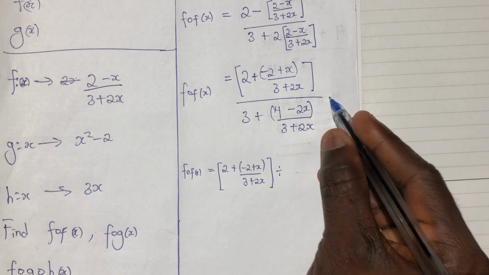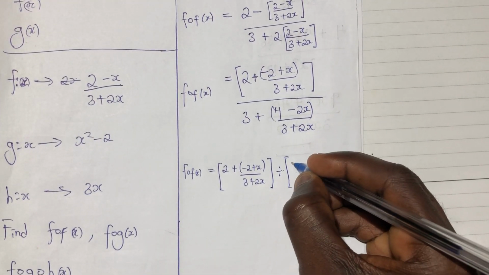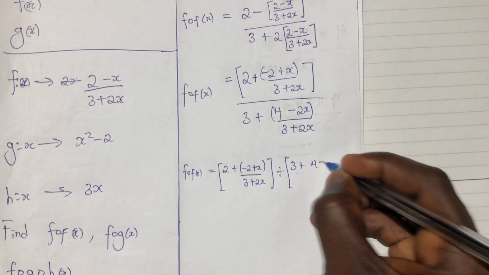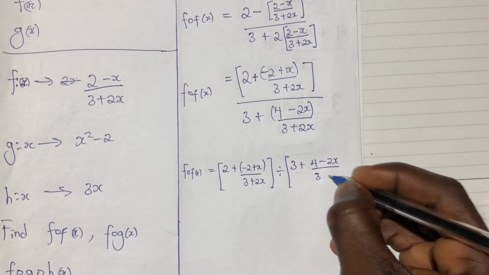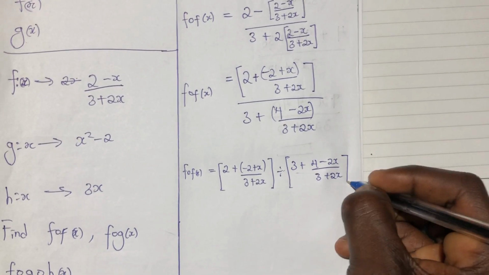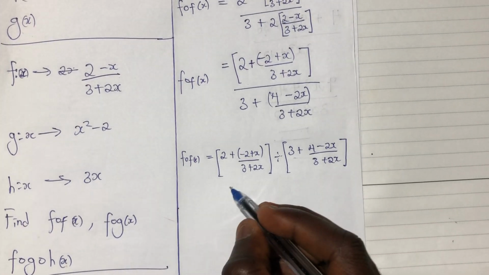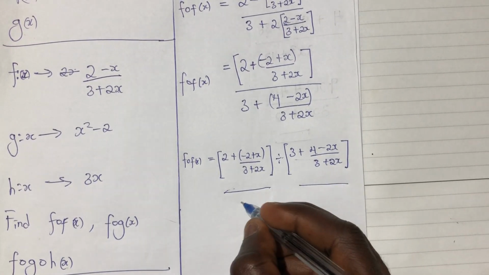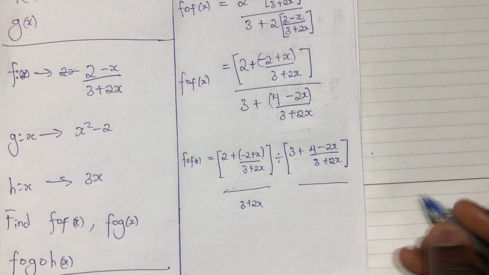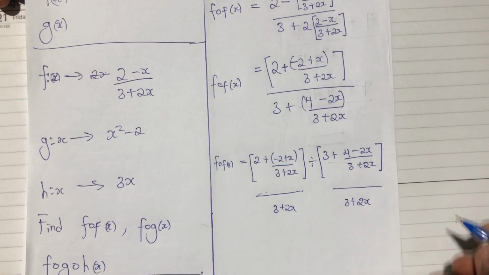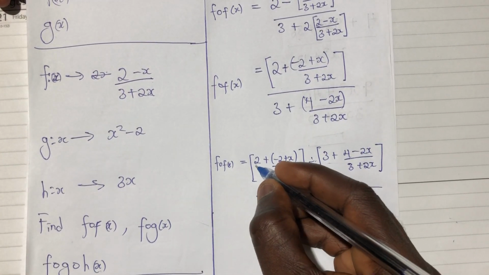Then we have 3 plus 4 minus 2x all over 3 plus 2x. So the next step is, we find the LCM on both sides. The LCM is 3 plus 2x.